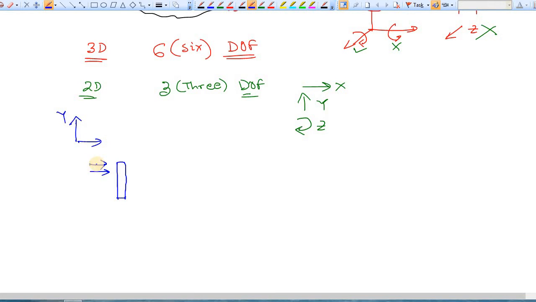Threat in structural engineering is nothing but force. What will happen? It's quite obvious, it will be displaced somewhere here. It will be displaced by some amount in x and rotated about the z-axis. So the final position after application of this load will be here.